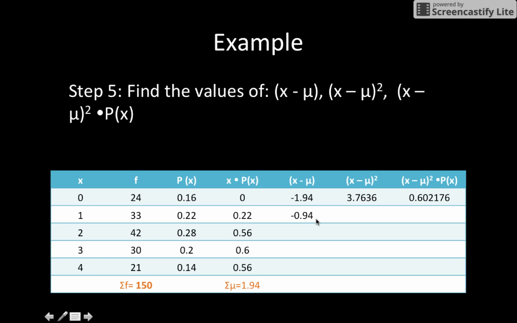So negative 0.94 squared, another large decimal, and then you're going to multiply that by your p of x, which is 0.22, which gives you an even bigger decimal. I'm not going to bore you with that. I'm going to skip ahead for each one. So for the next one, you get the following values, and then you just keep going down.